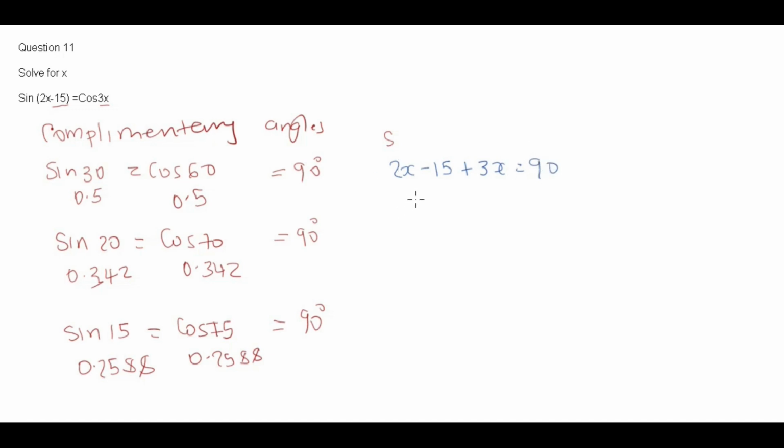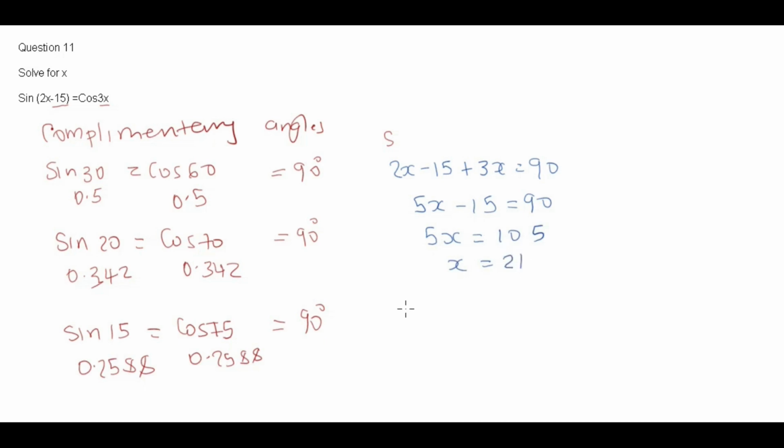So 2x plus 3x is 5x, minus 15 is equal to 90. When you take 15 to the other side, 5x is equal to 90 plus 15, which is 105. So x is equal to 105 divided by 5, which is 21.